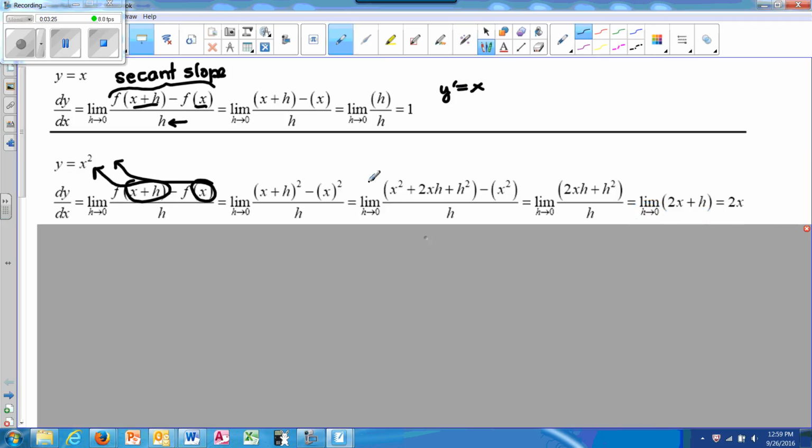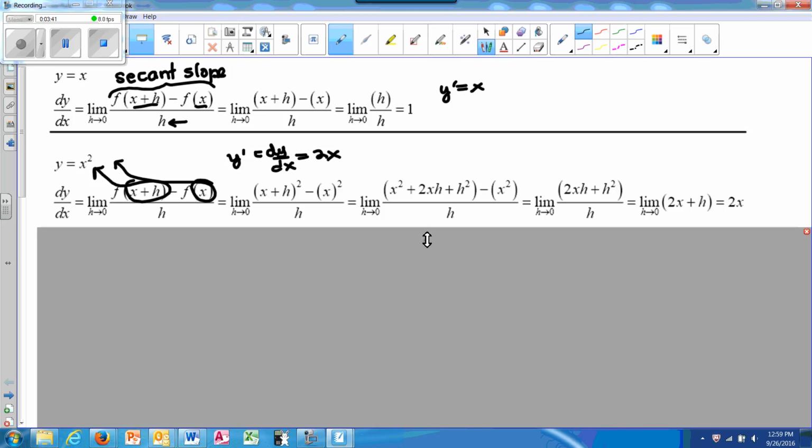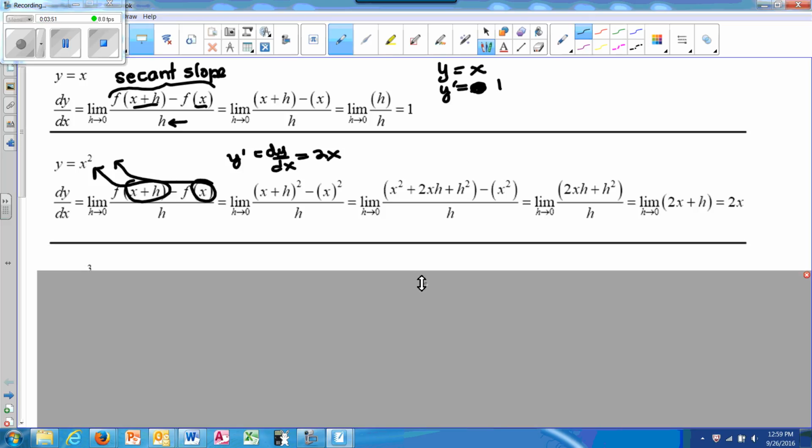What that means is that our derivative, y prime, or dy dx, for y equals x squared is always going to come out to be 2x. Oh, I miswrote up here. Y equals x, y prime equals 1.